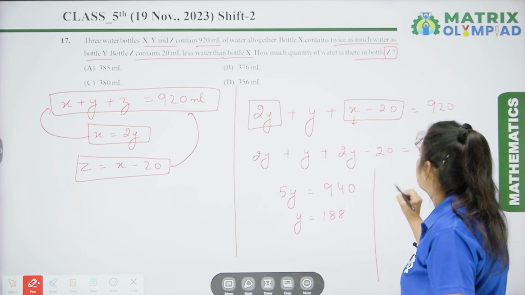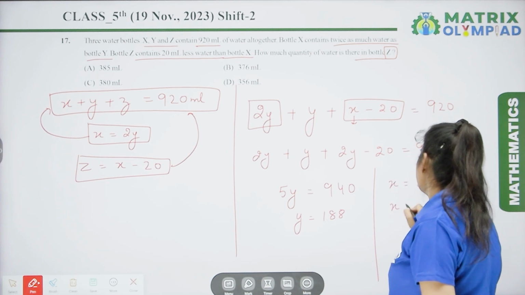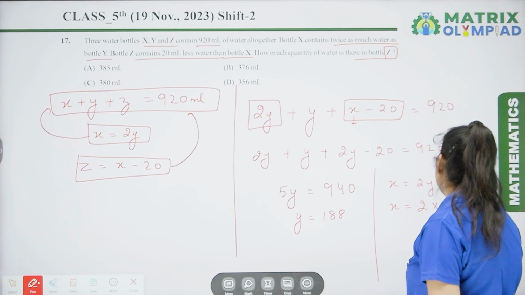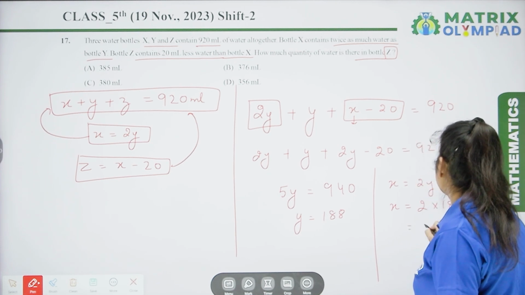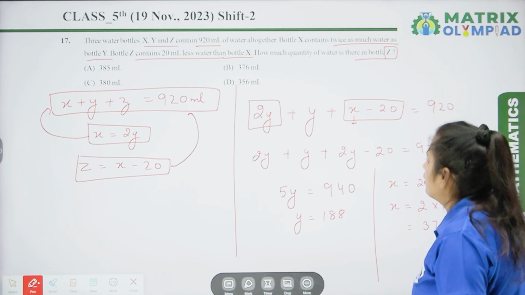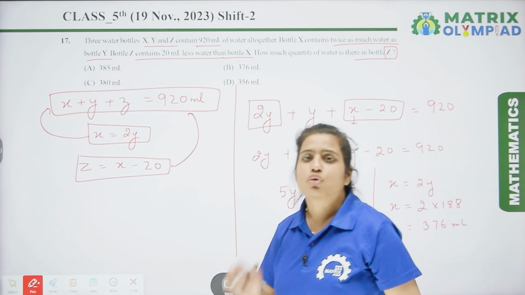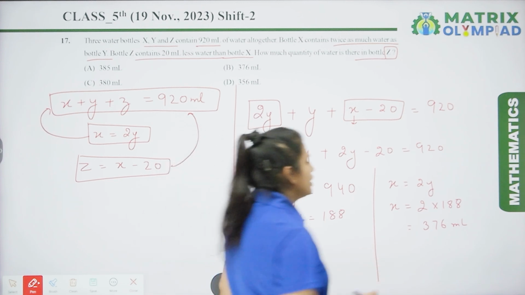Now X is equal to 2Y. The value of X is equal to 2 multiplied by 188. So after multiplying 2 by 188, we get 376 ml. So here the quantity in bottle X is 376.